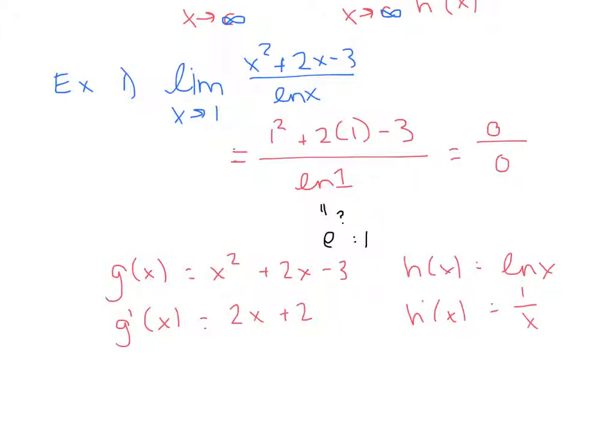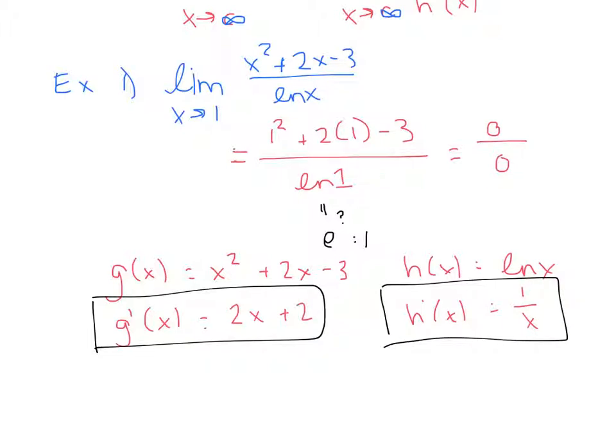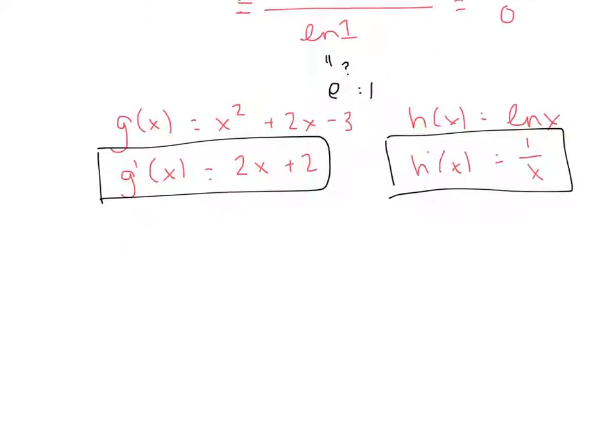Okay, so now I can use my two derivatives to write my fraction, and then take the limit as x approaches 1. Okay, so the limit as x approaches 1 of 2x plus 2 all over 1 over x.